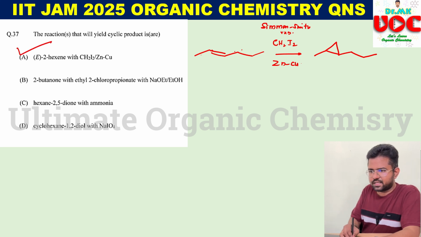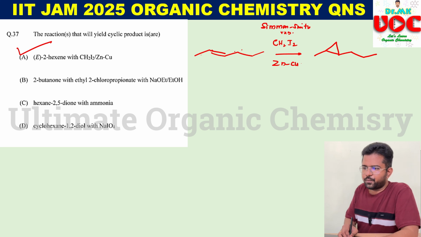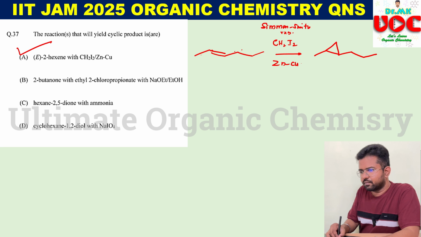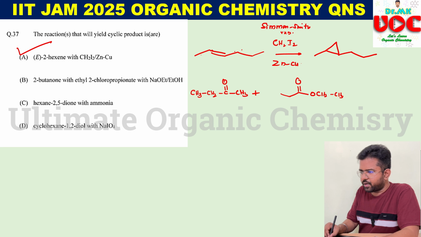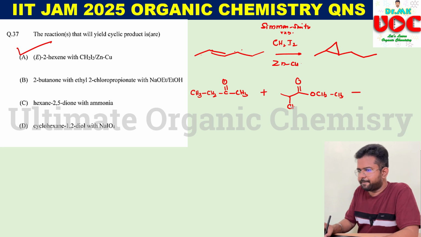Next reaction is 2-butanone with ethyl 2-chloropropionate. So this is said to be ethyl 2-chloropropionate. When these two molecules are reacting here in the presence of sodium ethoxide, there is a formation of an epoxide. What happens here?